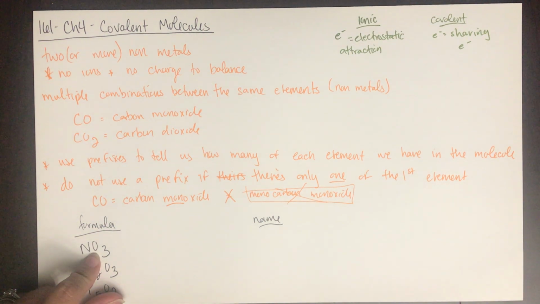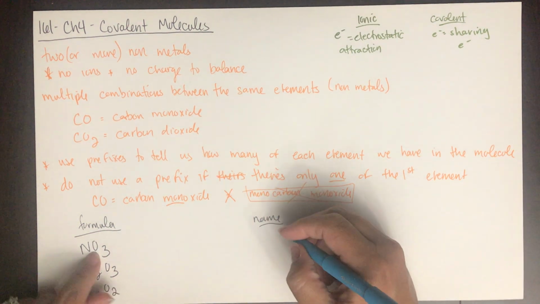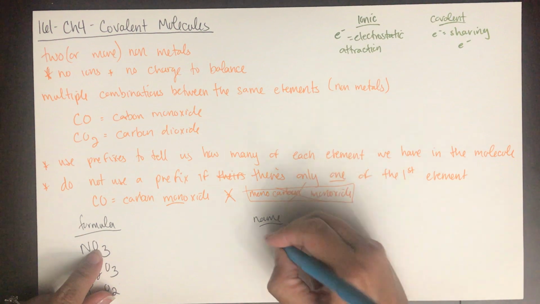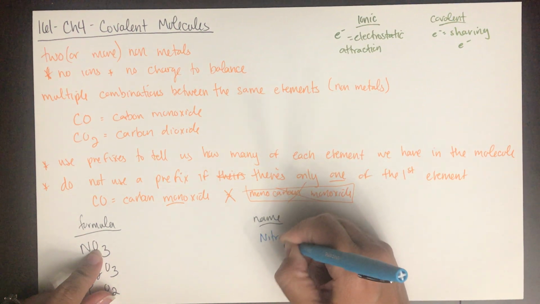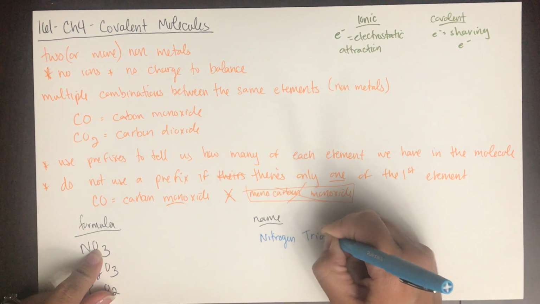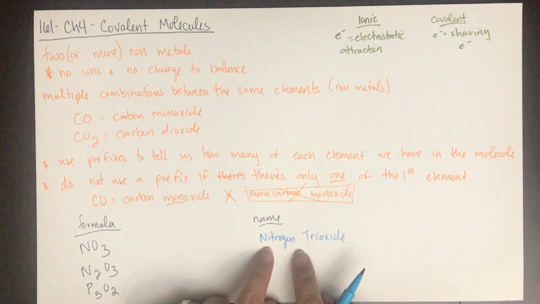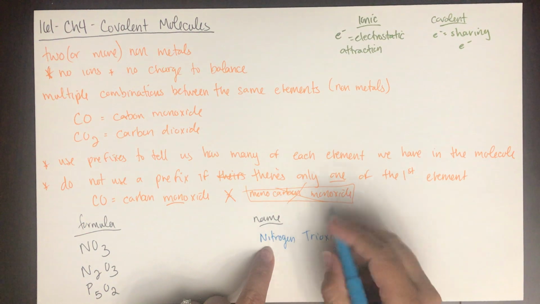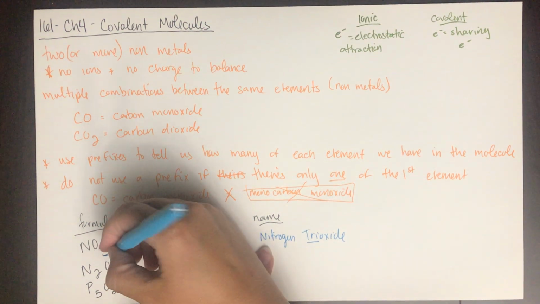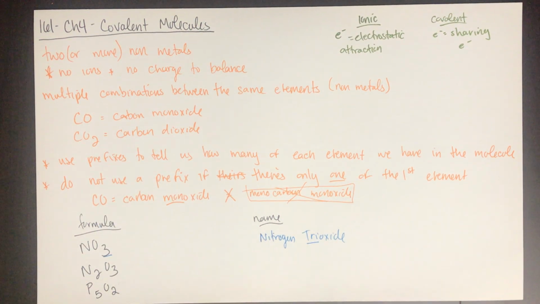NO3 is the covalent molecule, nitrogen trioxide. Nitrogen, again, you don't need to say mononitrogen. You just say nitrogen. Tri means that there's three, and oxide.